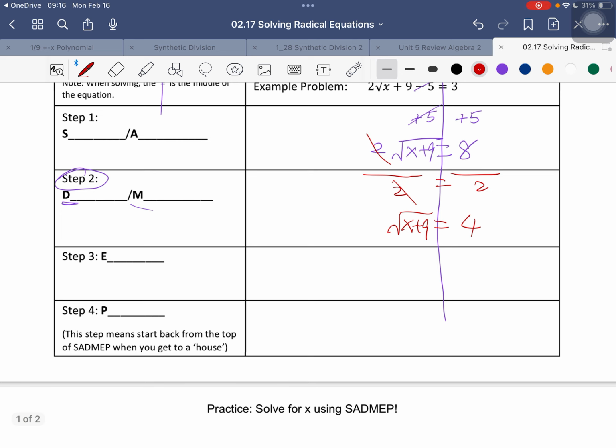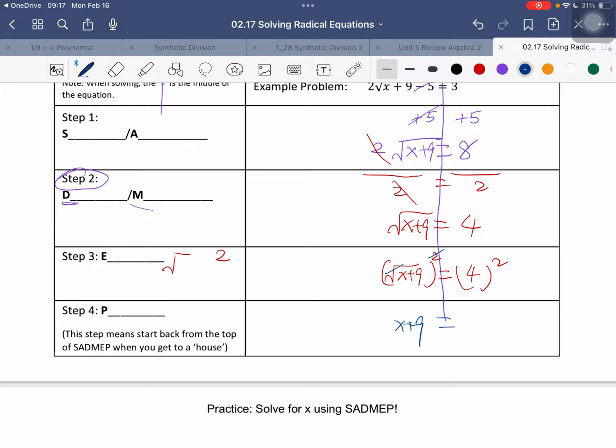Okay, then E is the exponent. And you know square root and square can cancel out. Now all we need to do is put a square on both sides. Once I put square on both sides, the square and square root cancel out, leaves me x plus 9.